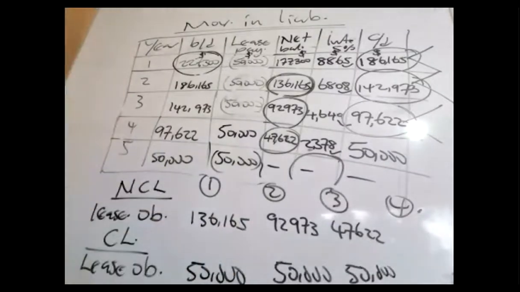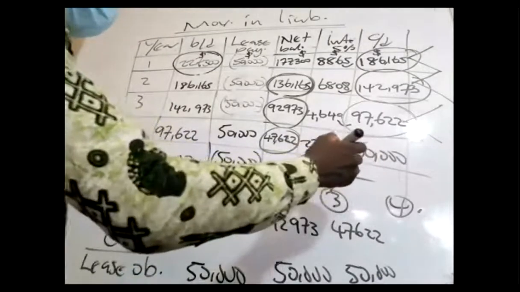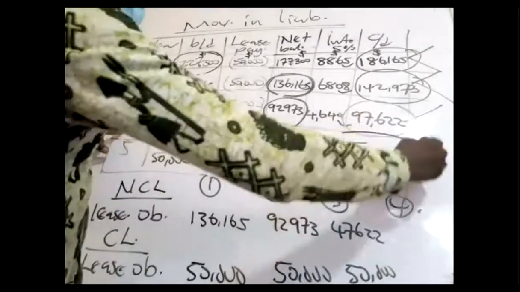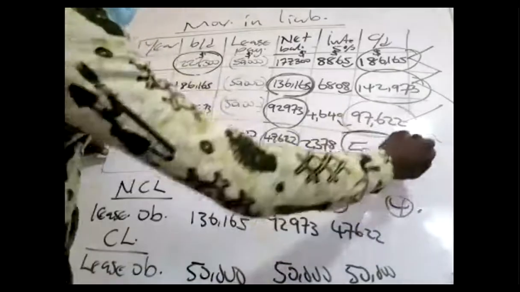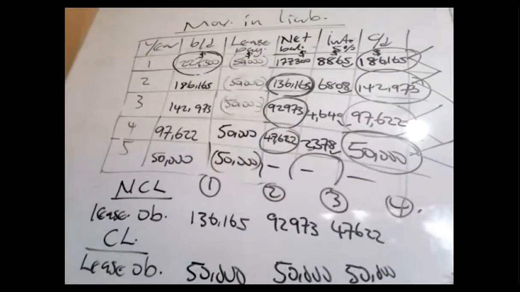Let's go to year 4. At the end of year 4, we are here. This is the total liability. Now divide this into 2 for me. So year 4, you are doing it. Tell me the current liability and the non-current liability for year 4.